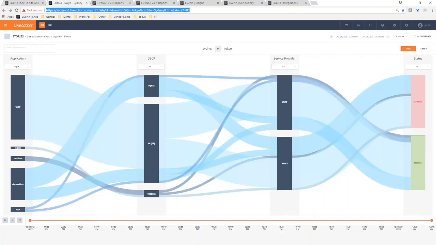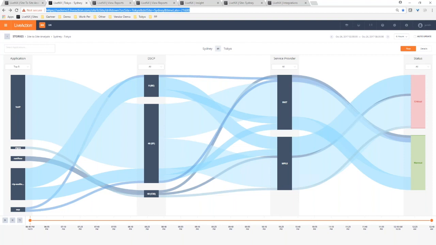So what we did was we realized that we had so much telemetry data that we needed to visualize it in a way that's easier for people to understand by abstracting it to a pipe. So this breaks out that pipe from Sydney to Tokyo, and then we can show you in terms of applications, which DSCP markings, which service provider it took, and the status.